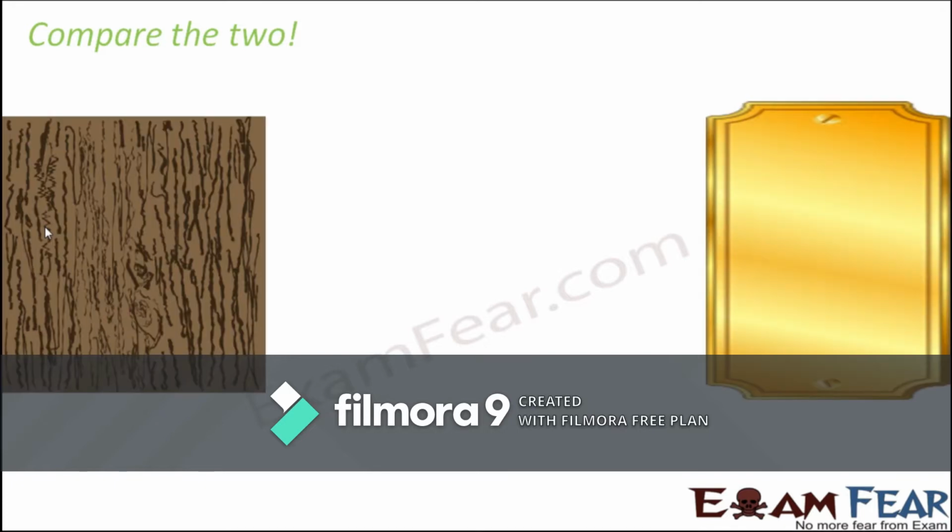Now let's take these 2 objects. When I talk about appearance, how will you compare these two? On one hand we have a sample of wood, and on the other hand we have a sample of gold. Do you think that both of them appear identical? Absolutely not.